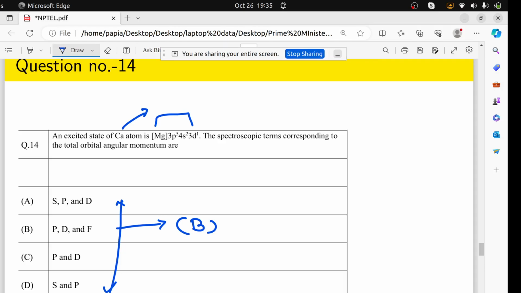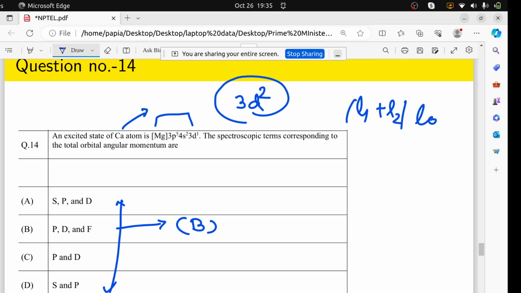Okay. Now let's say I am talking about one spectroscopic notation where only, let's say, 3d2 is there. So obviously there is nothing we have to do as L1 plus L2 or L1 minus L2, something like that, because here only one is there which is unfilled. So for that case our L will be 2 only, simply.